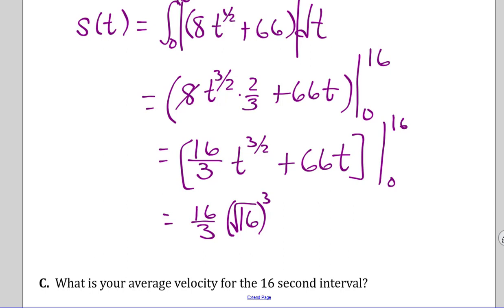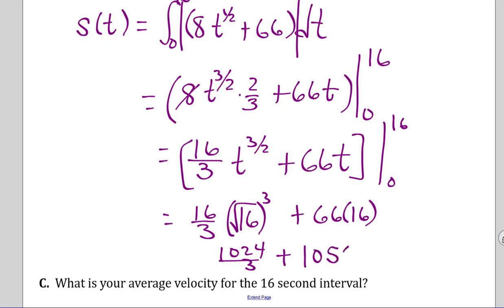So I got 1,024 over 3 plus 66 times 16. And we get 1,056.